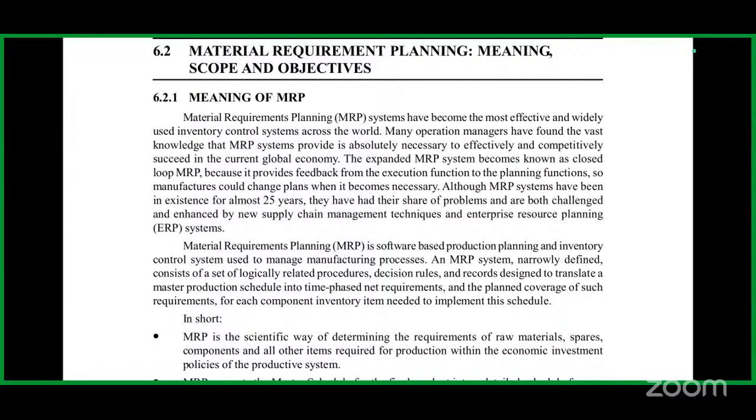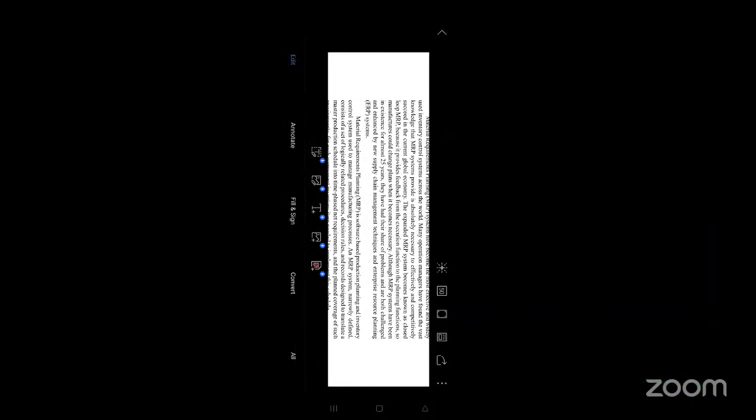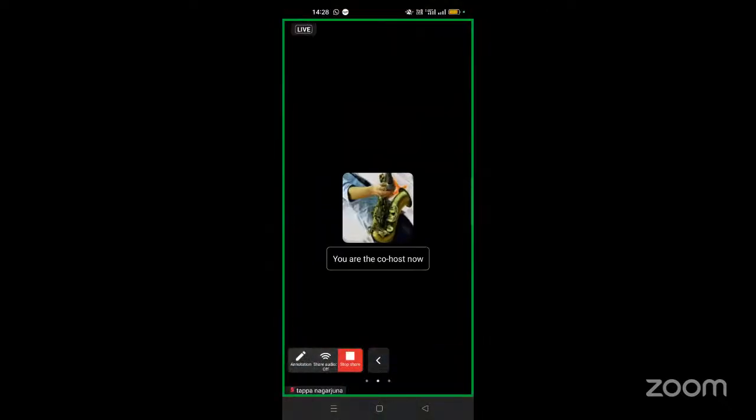Many operations managers have found MRP systems absolutely valuable. The remaining material regarding MRP we'll discuss in the next session.